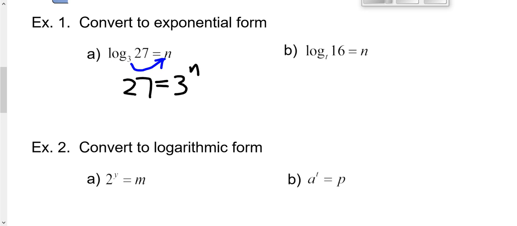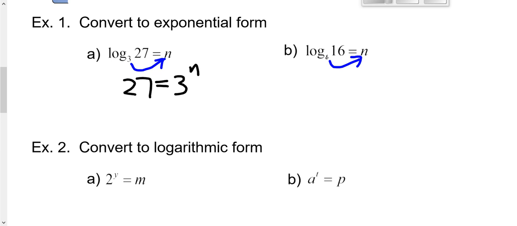Okay, so now if you look at the second example here, convert this logarithmic form into exponential form. So basically, you just move the base to the other side and bump that to become an exponent, and then the logarithm will be gone.